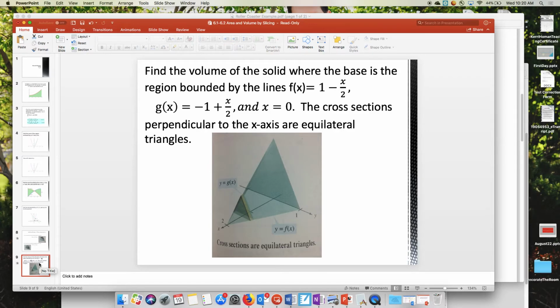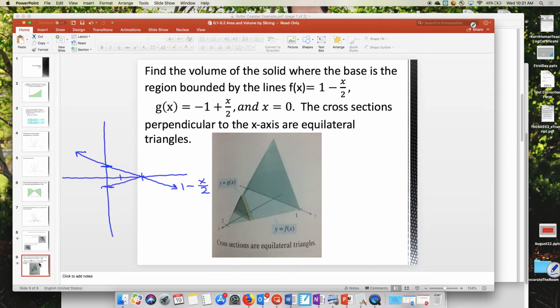Okay, so we have x equals 0, 1 minus x over 2, so that's essentially this line right here. 1 minus x over 2. And then negative 1 plus x over 2.